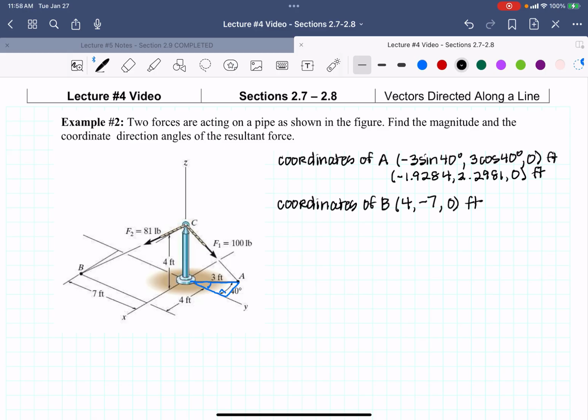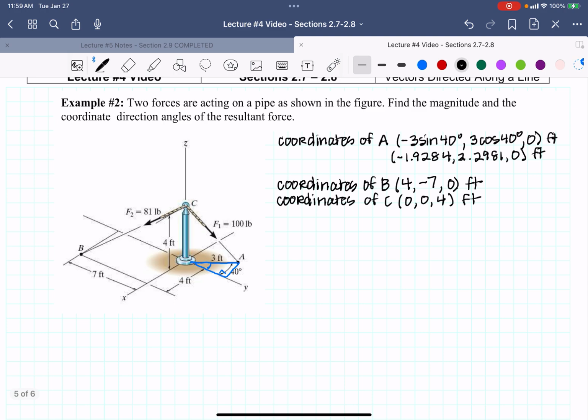And then I need to find the coordinates of my last point, which is C. It is on the origin, so it is 0, 0, but it is up 4 feet. 0, 0, 4.